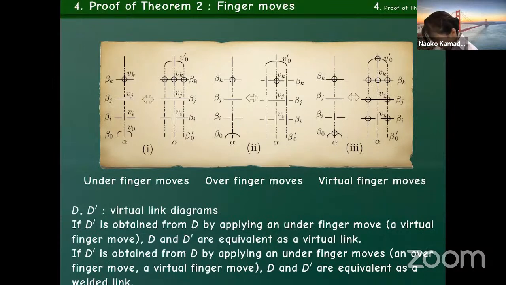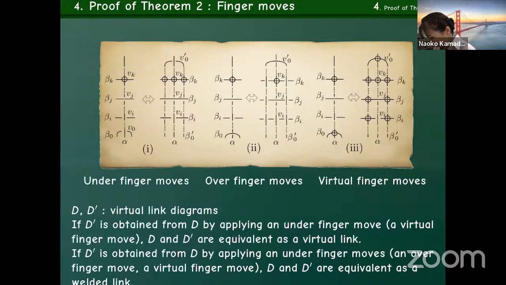Then it's making a classical crossing with beta 0, but beta 0 is the underpass. In that case, it's moved to beta 0 prime like this, beta 0 like this. They are making crossings with other arcs beta i, beta j, beta k.